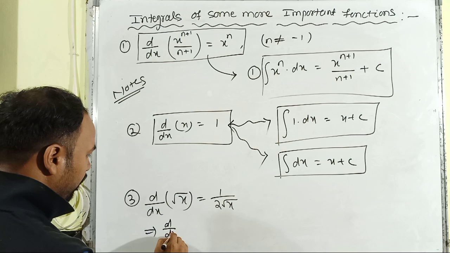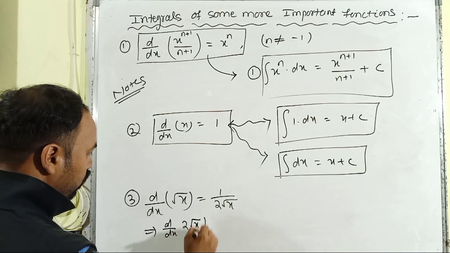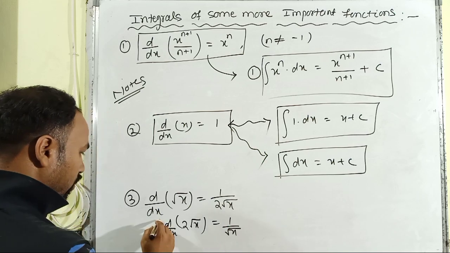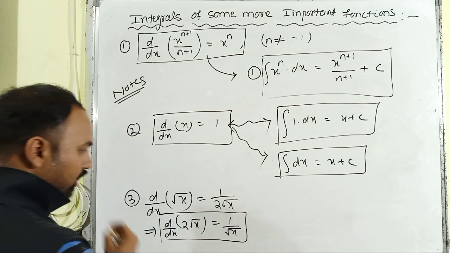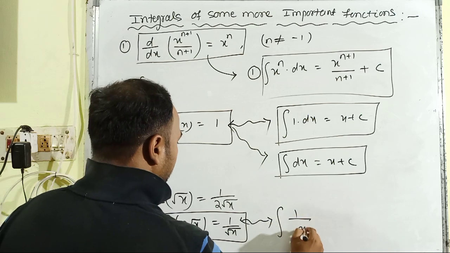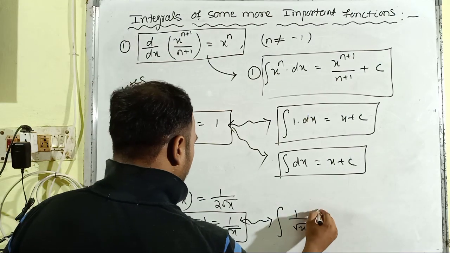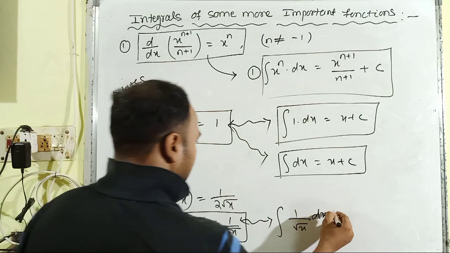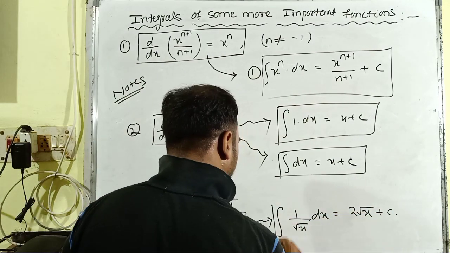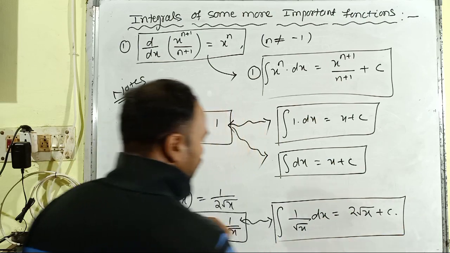So derivative of 2 root x is 1 upon root x. So by reversing this condition, we can have integral of 1 upon root x with respect to x, it is 2 root x plus c.